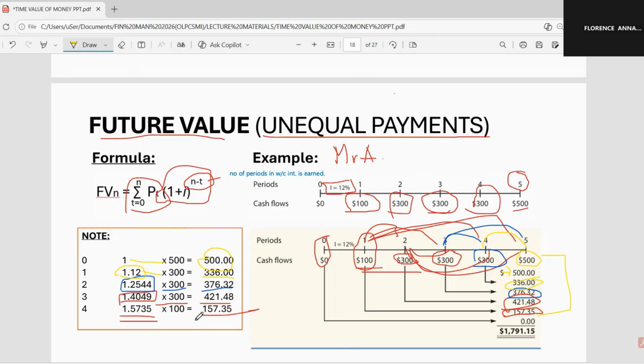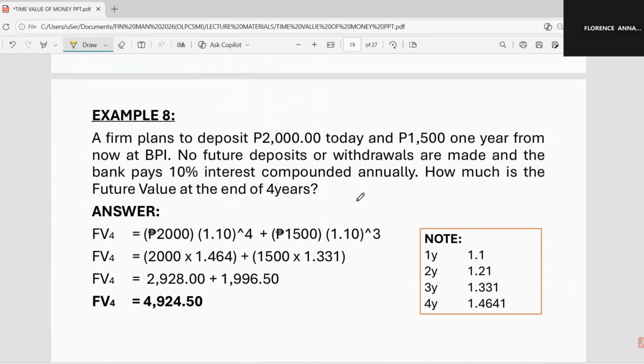You'll get 1,791.15. Okay? Which is also this. Clear? Another example.